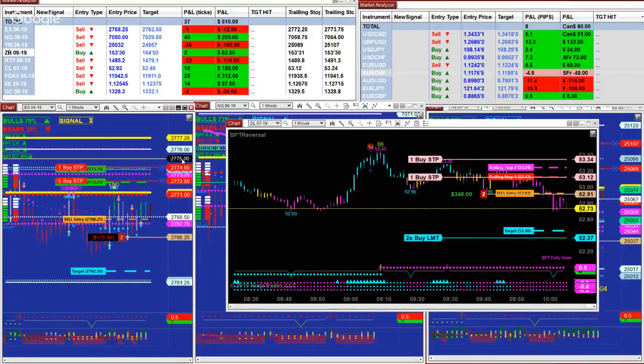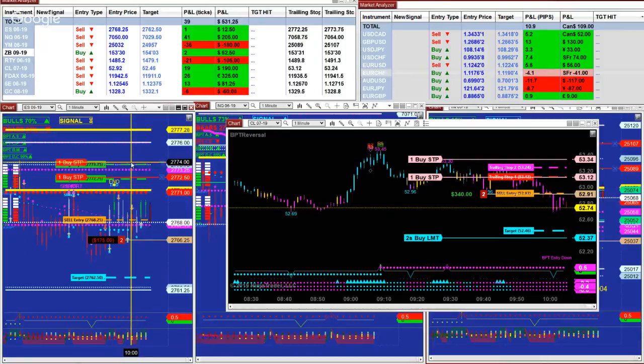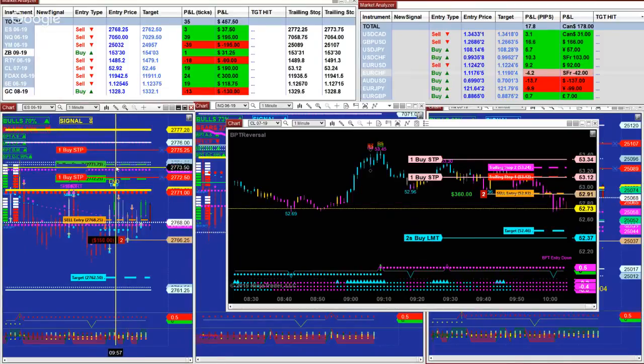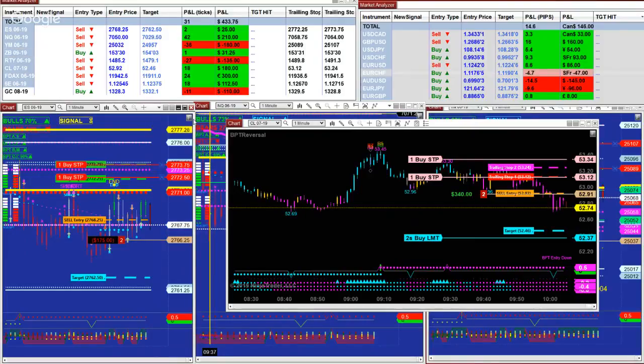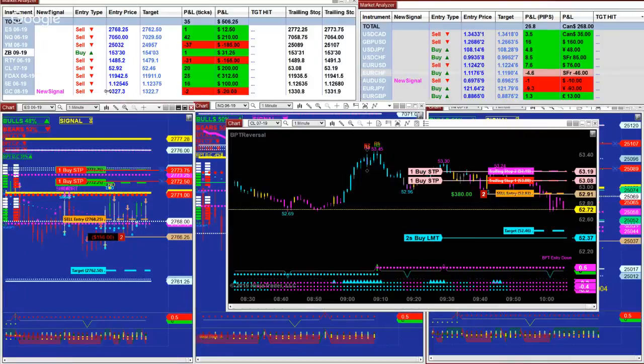You just turn it on, and that gives you a chance, if you want to manage the trade, to extend the trailing stop or move in your target or extend your target. That is going to give you a new signal on the gold: sell 13.27.3, target 13.22.6.